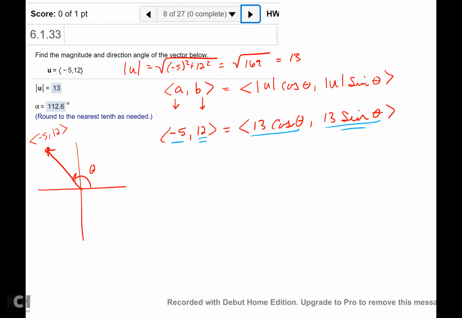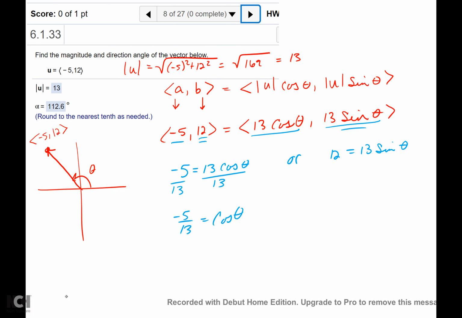You don't have to solve them both. I can either solve -5 equals 13 cosine theta, or I can solve 12 equals 13 sine theta. Again, you don't need to solve them both, so I'm just going to solve this one. Divide by 13. I get -5/13 equals cosine theta.